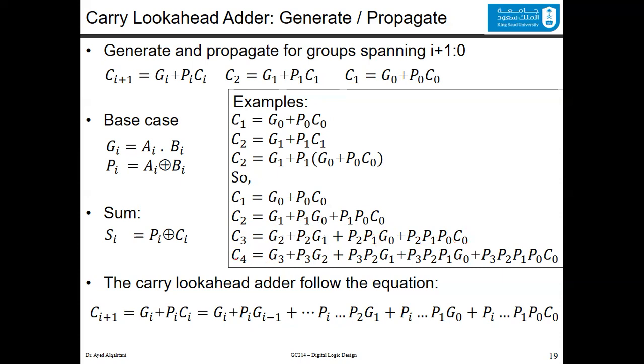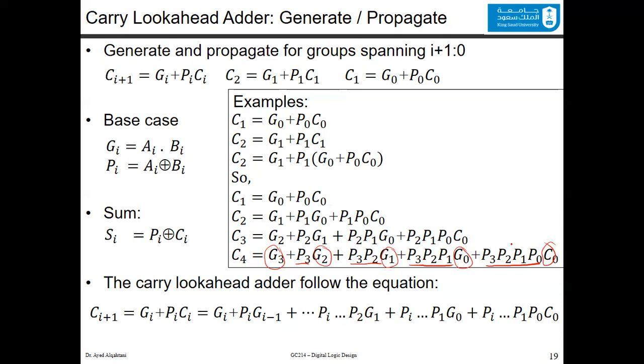For the carry 4, you have the C0, G0, G1, G2, and G3. And now P3 going down, P3 and then going down, only propagation 2. P3 going down, P3, 2, and 1. And the last one, P3, 2, 1, and then 0.